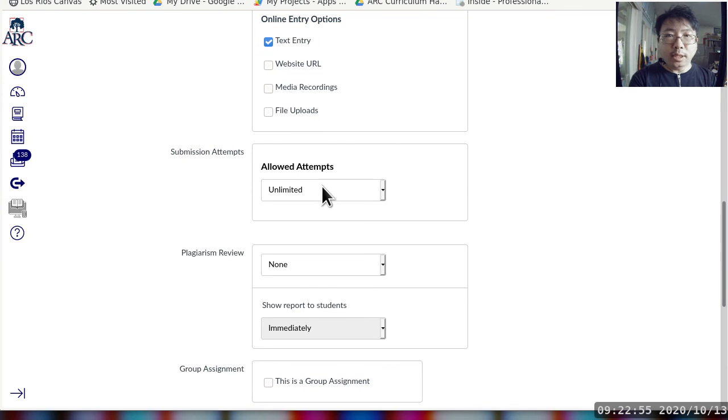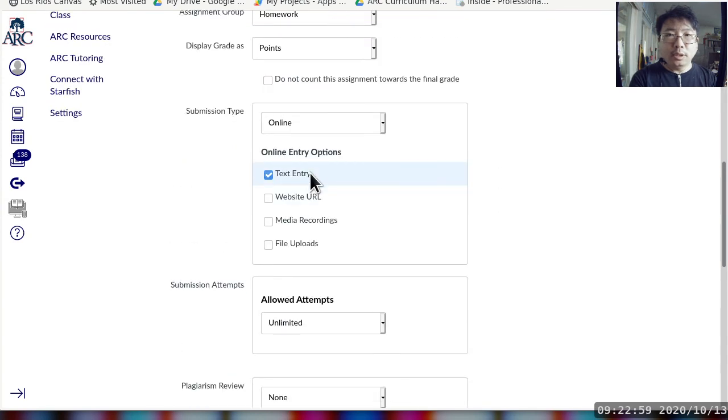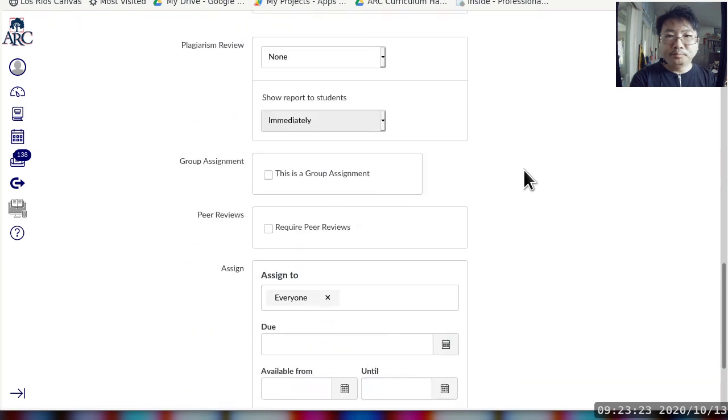I will give you unlimited attempts. It's only collecting the answer as a text entry, so you don't need to use LaTeX, and you can just use the shorthand that I have used: exclamation point as negation, what looks like addition is disjunction, and what looks like multiplication is conjunction. That's why I will let you use text entry here.